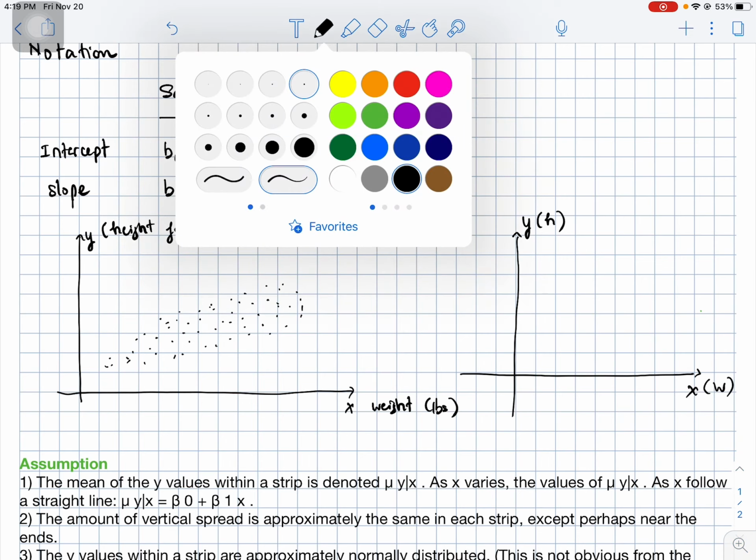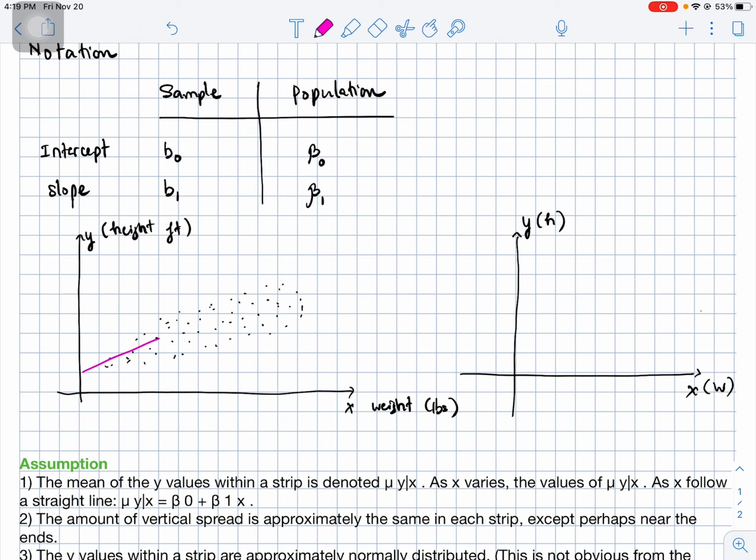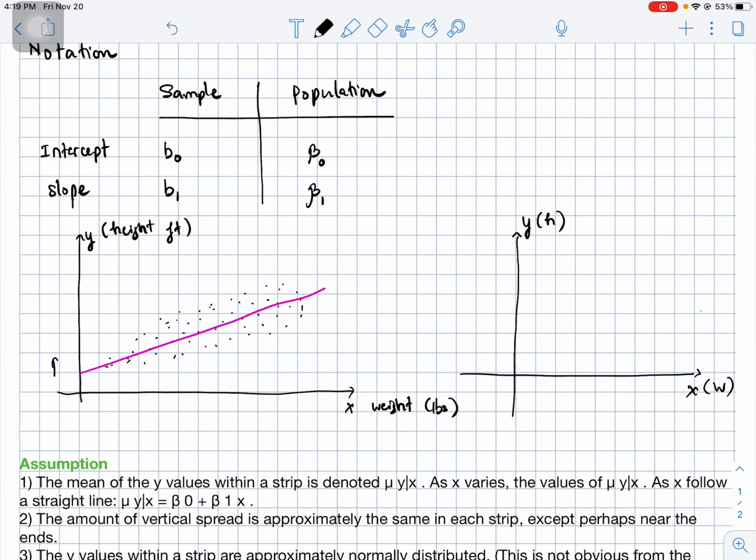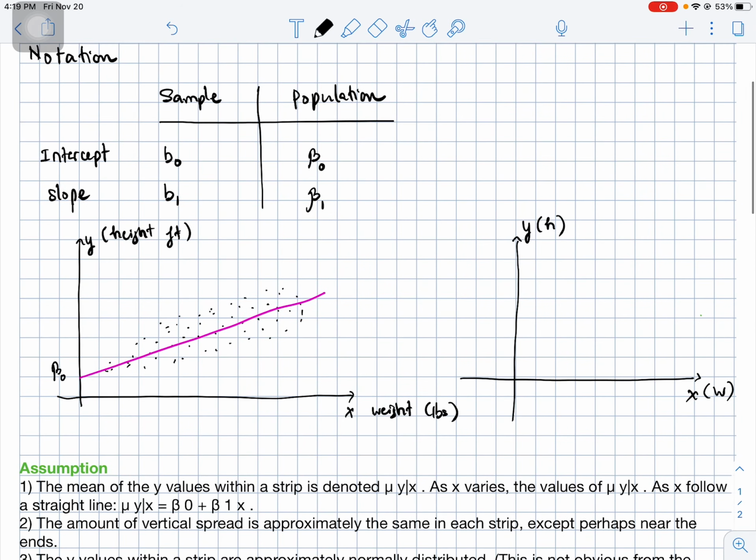We can draw the model line, and this model is the one that gives us the smallest amount of the squared distance, which is the residual. The point right here that we got is beta 0, which is the intercept. The equation is y equals beta 0 plus beta 1x.